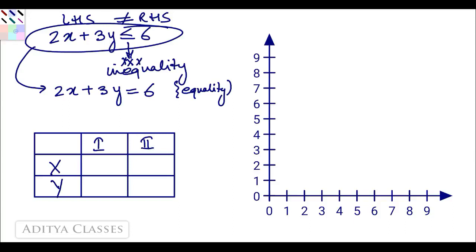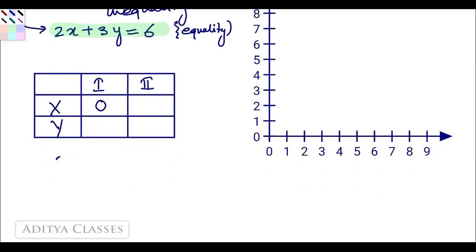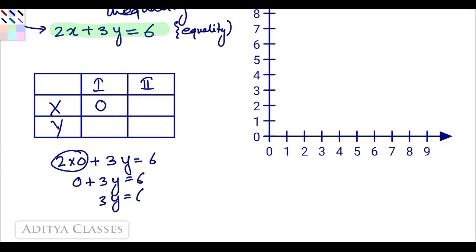Now have a look at this equation very carefully. In this equation, if I put x is equal to 0, what will be the scenario of y? X is equal to 0, you have to say 2 into 0 plus 3y is equal to 6. So this term becomes 0 plus 3y is equal to 6, or rather 3y is equal to 6, or in simple terms y is equal to 2.